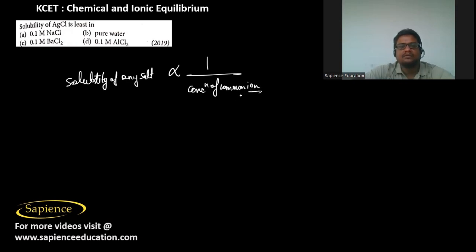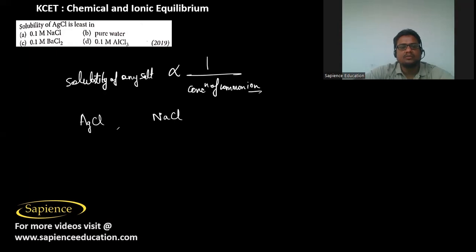When there is common ion effect, the solubility will decrease, means the solubility will be suppressed. Now here with AgCl, in the first option we have NaCl.